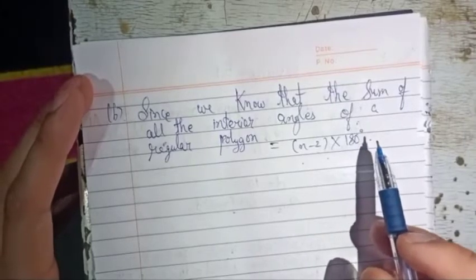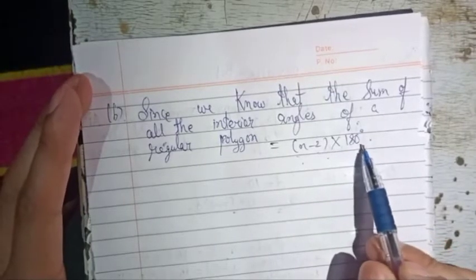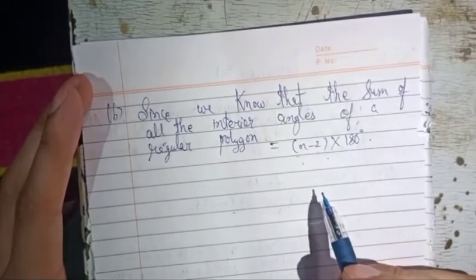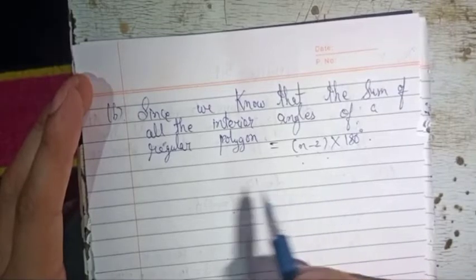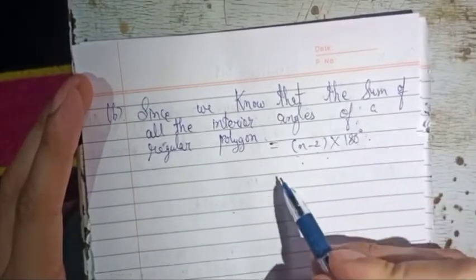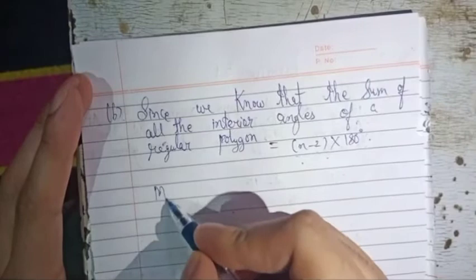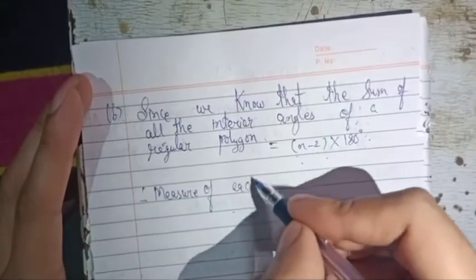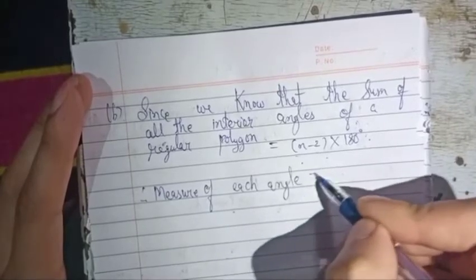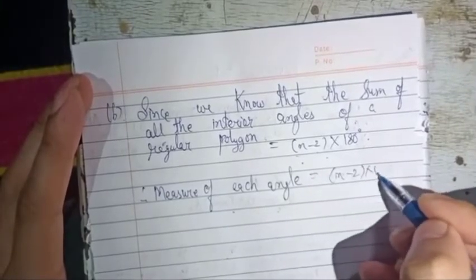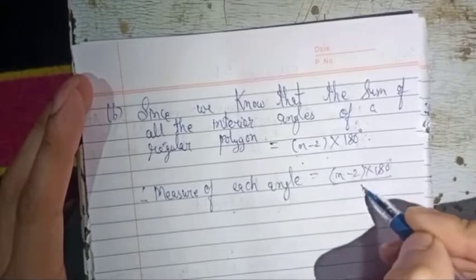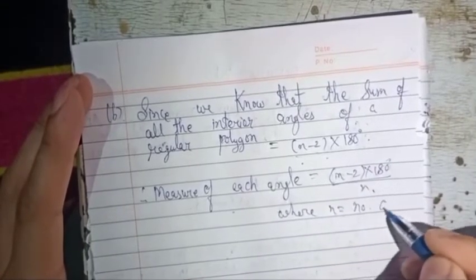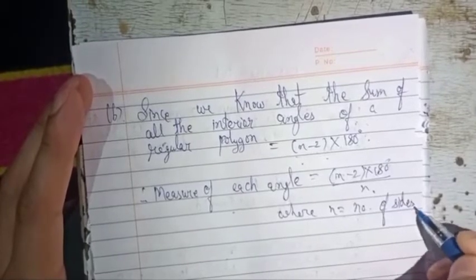Sum of all the interior angles is always equal to n minus 2 multiplied by 180 degree. If we want to find the measure of each angle, it will be equal to n minus 2 multiplied by 180 degree divided by n, where n represents the number of sides of that polygon.